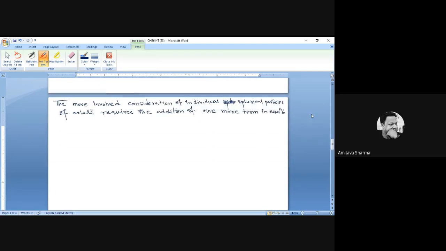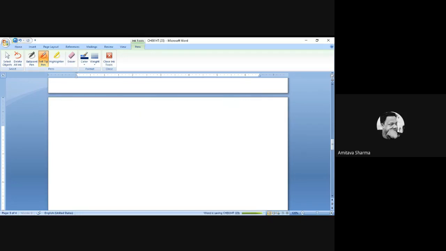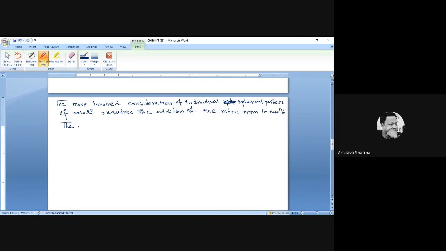So the modified expression I can write is eta solution equals to eta solvent by eta 1.5.